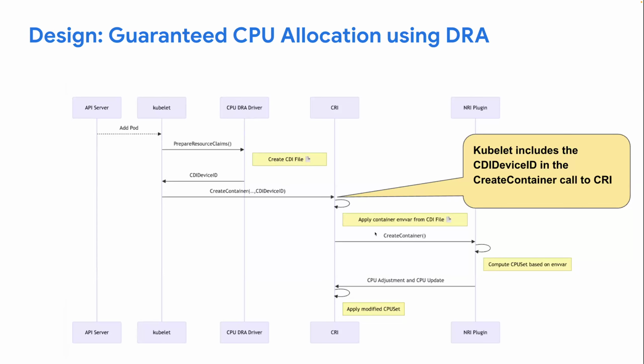So we would need both the DRA part for managing the resource claim and the NRI part for actuating whatever is decided on the DRA side. So that's how it currently works as well. Yeah, thank you. So conceptually, as it stands now, we need the DRA front end and NRI, let's call it the back end, to do the actuation. Yeah, that makes sense.